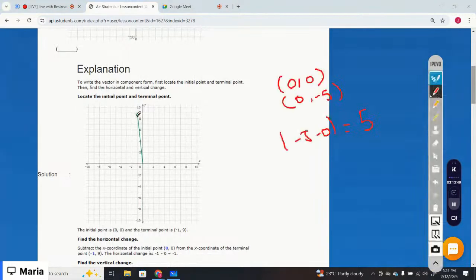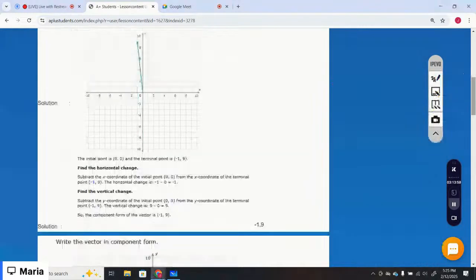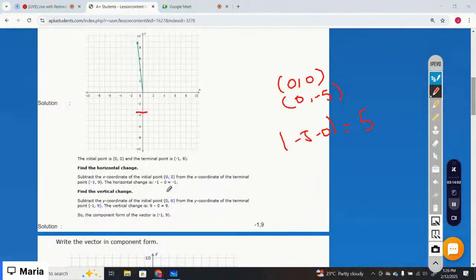The horizontal change is found by subtracting the x coordinates, and then the y coordinates.